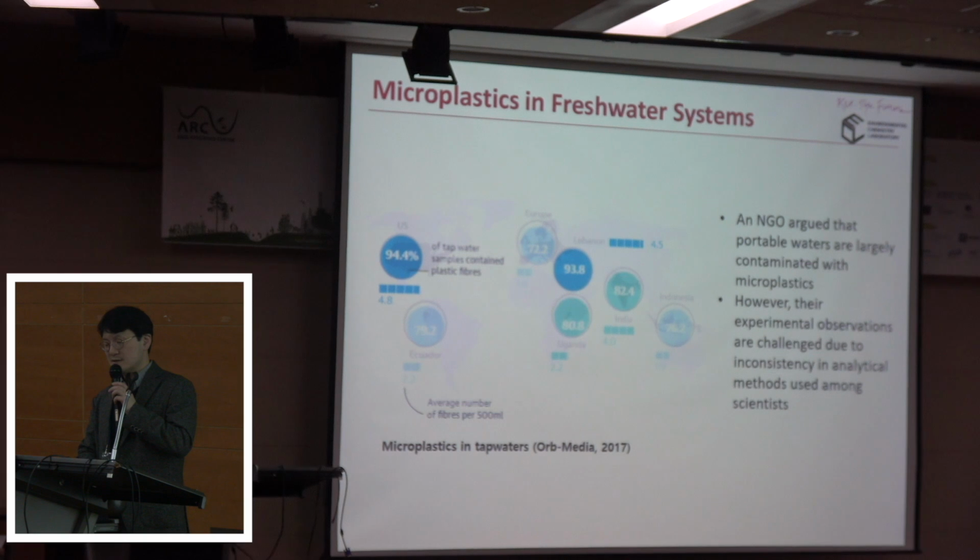A report by an NGO sampled many sources of potable water and freshwater resources, and argued that microplastic contamination is not limited to certain places, but is a worldwide occurrence and worldwide concern.